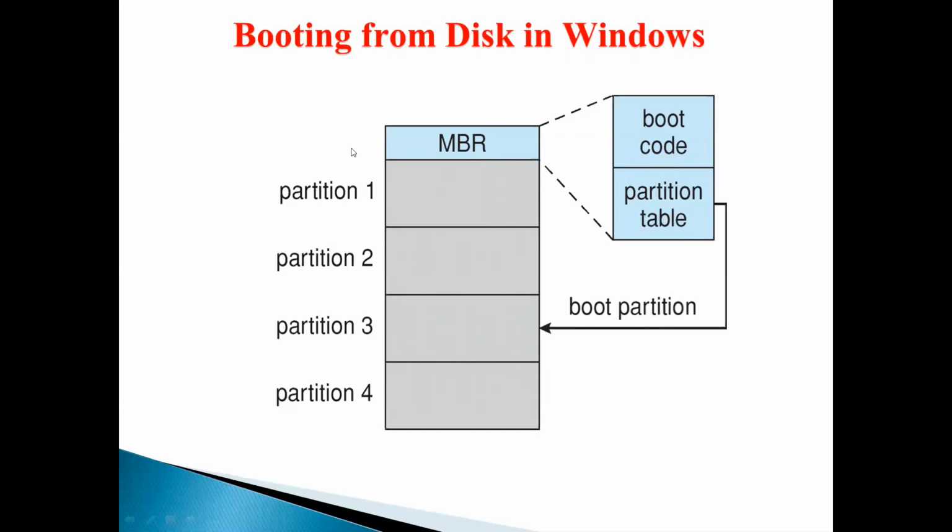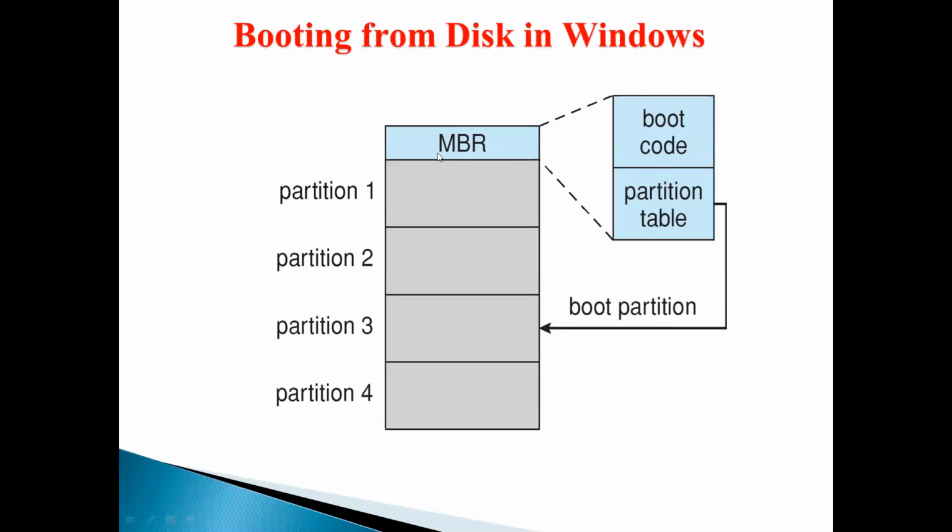So what happens is that you switch on the computer system. As soon as you switch on, the code in the ROM gets executed, and the code in the ROM will direct the system to read the boot code from the master boot record. The code in your ROM chips will instruct the system to read the boot code from the master boot record.